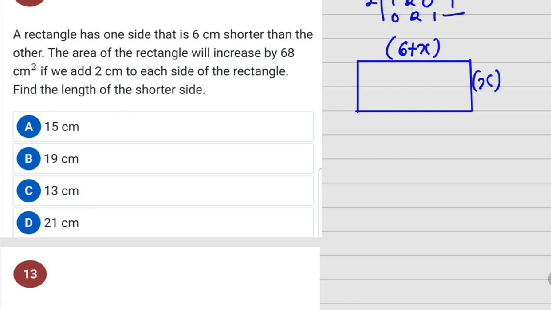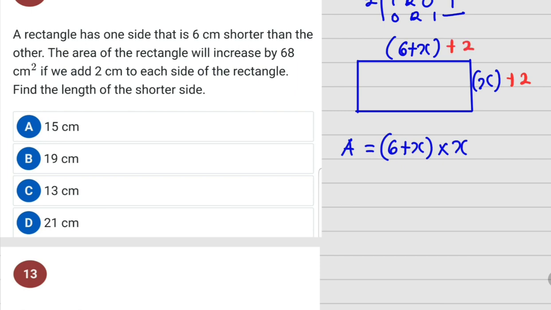So it says that the area of the rectangle increased by 68. Now what's the area of this rectangle? The area is going to be 6x. Sorry, not 6x. 6 plus x times x. Now it is increased by 68 if we add 2 centimeters on each side. Adding 2 centimeters on each side means here is going to be plus 2 and here plus 2.